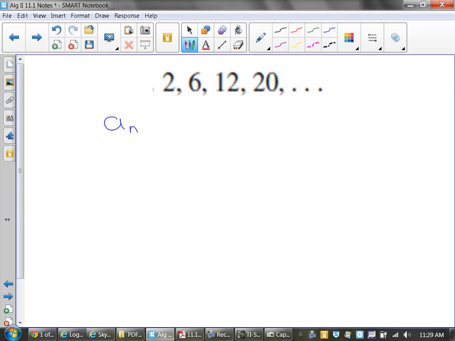You have to start with n being 1 because it's the first term. 1 plus 2 is 3, so that's not correct. n squared plus n. If it's n squared plus n, I get 1 squared plus 1, which is 2.